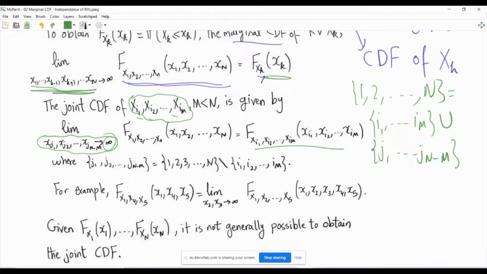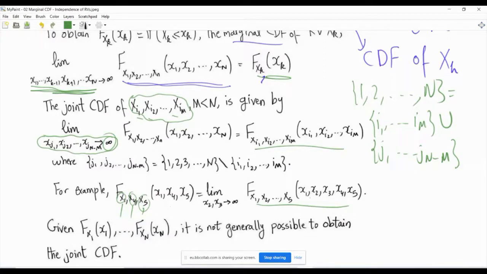Here is an example. Suppose you are interested in the joint CDF of X1, X4, and X5, just these three, and you have the joint CDF of the five random variables X1, X2, X3, X4, X5. The remaining variables are X2 and X3.